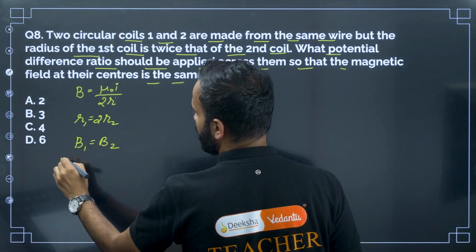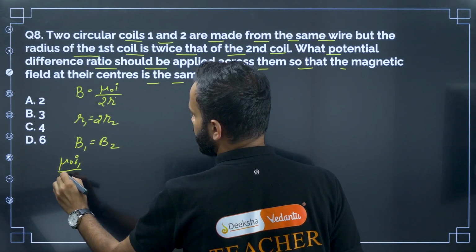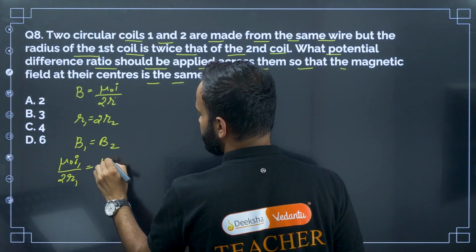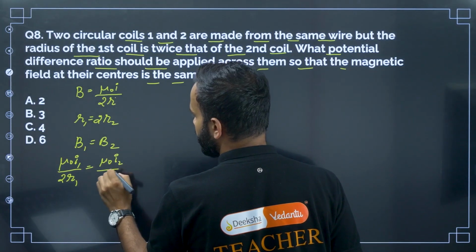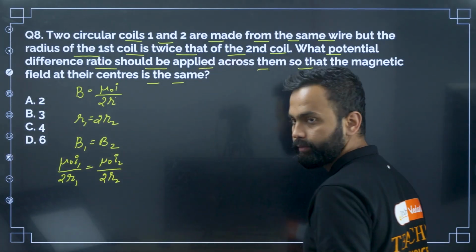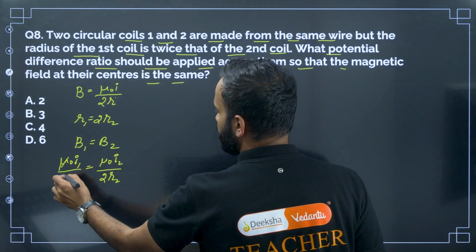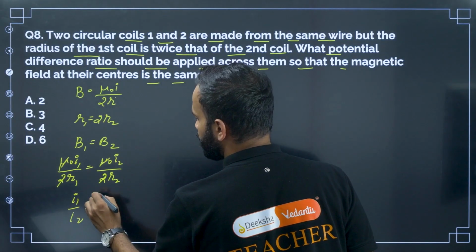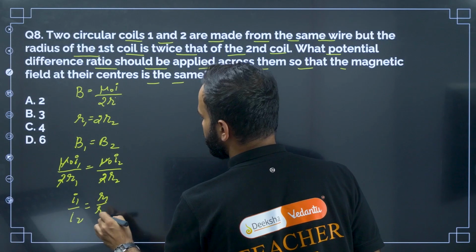B1 is mu naught I1 divided by 2 R1, which is equal to B2. B2 is mu naught I2 divided by 2 R2. Now mu naught by 2 will get cancelled. So I1 by I2 is equal to R1 by R2.